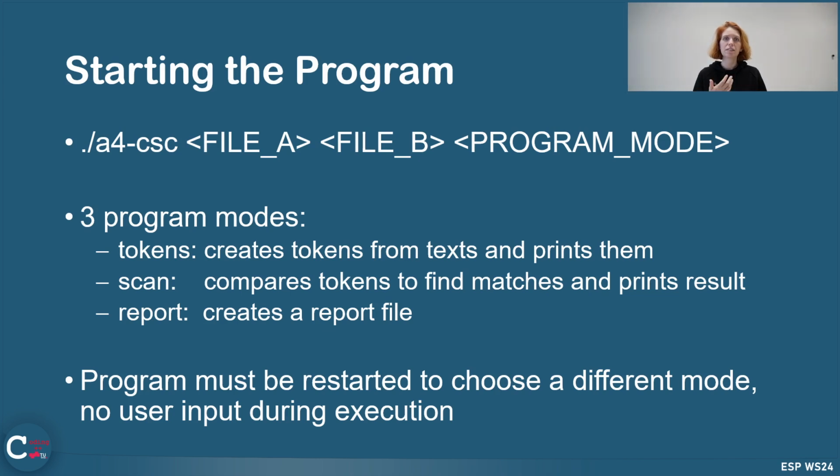There are 3 different program modes possible. First, there is the tokens mode, which creates the aforementioned tokens from the texts and prints them. Then there is the scan mode, which compares the tokens from both texts and prints the result. And then there is the report mode, which creates a report file.